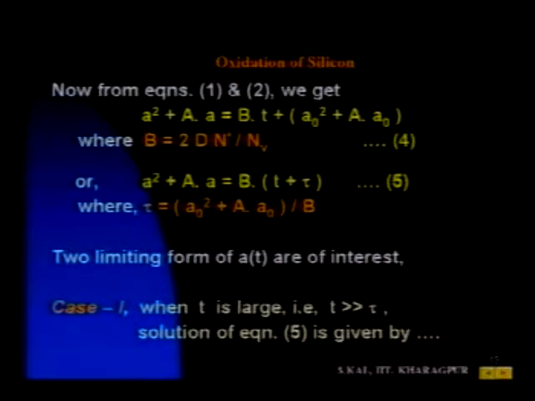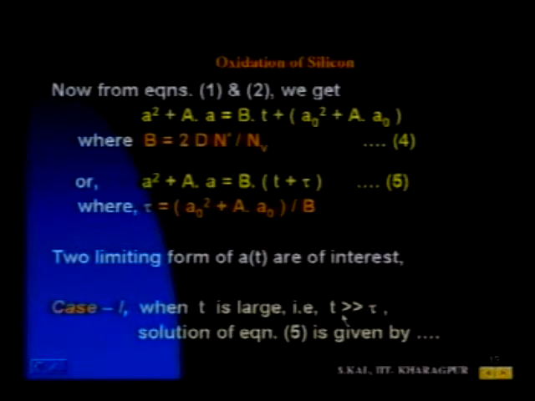Case 1 is when T is large, where small t means time. So after a large time, that means T is very, very large compared to tau. What is tau? Tau is this.